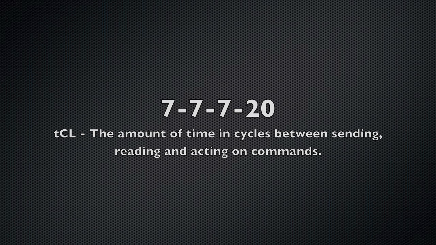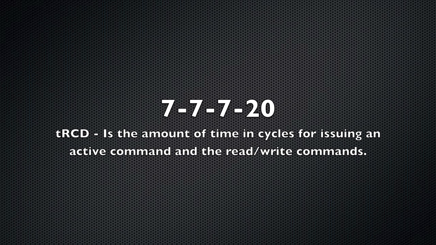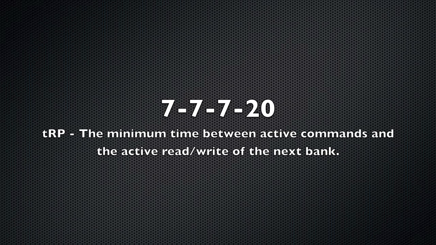Now the second number is your RCD timing. It controls the amount of time in cycles for issuing an active command on the read and write commands. Now the third number is your RP timing. It's your row pre-charge time. Now this is the minimum time between active commands and the read and write command on the next bank.